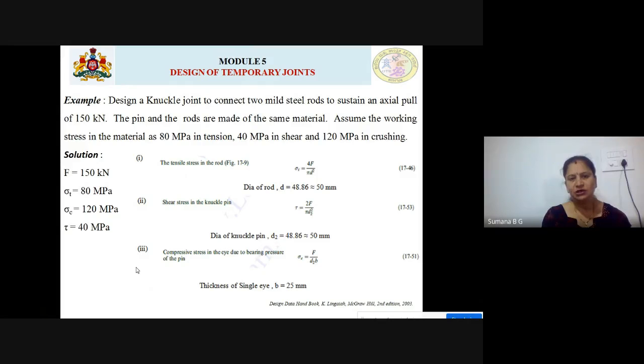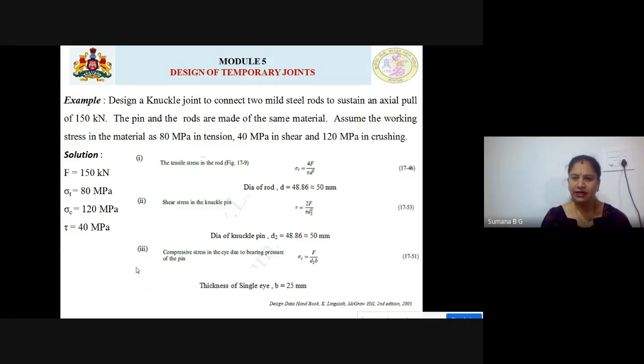The pin and the rods are made of the same material. Assume the working stress in the material as 80 MPa in tension, 40 MPa in shear, and 120 MPa in crushing. These are the parameters given for designing a knuckle joint.